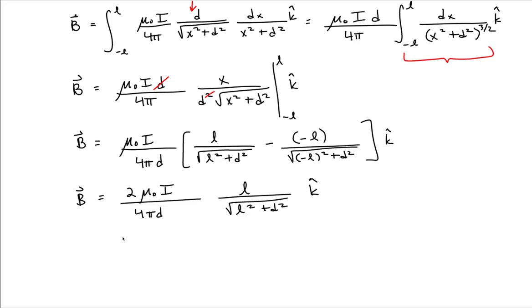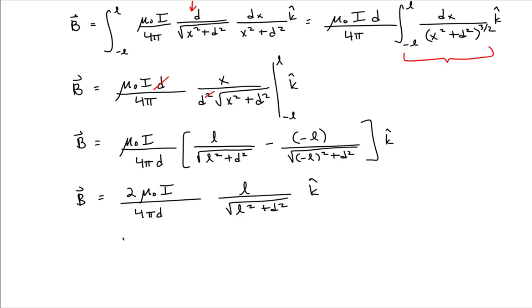This is not our answer because we solved this as if the wire was finite. And the problem said we have a very long wire. And that's code word really for the wire is so long we can treat it as infinitely long.